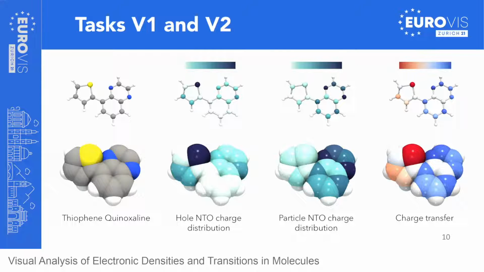So we can see clearly that in the whole, the yellow sulfur atom had the highest concentration of charge, and in the particle NTO, the concentration of charge moves to the right side of the molecule, the quinoxaline part of the molecule. We can also visualize the difference between the whole and the particle NTO charges at each atom to observe which is a donor atom and which is an acceptor atom. In the visualization on the right, the red indicates it's a donor atom and the blue indicates it's an acceptor.